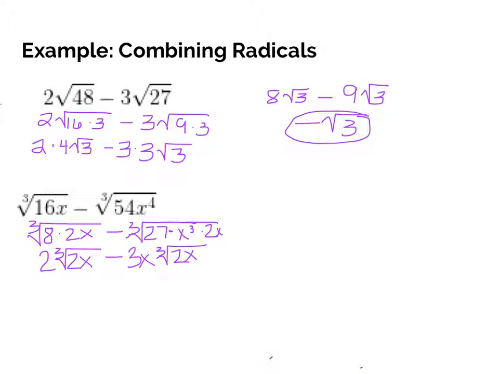Because we have the cubed root of 2x in both of these, we actually want to rewrite this in a form of 2 minus 3x times the cubed root of 2x.